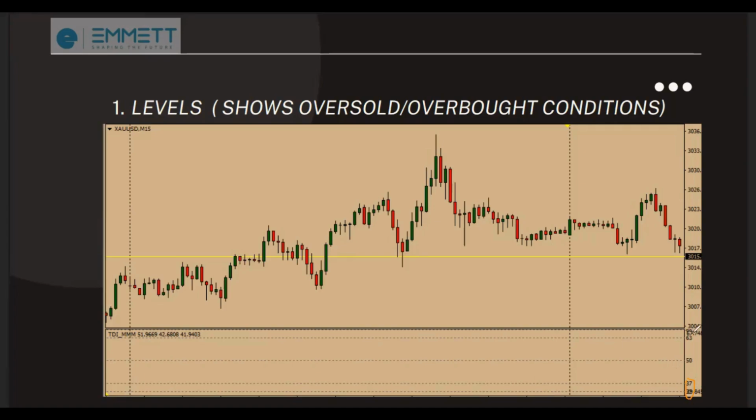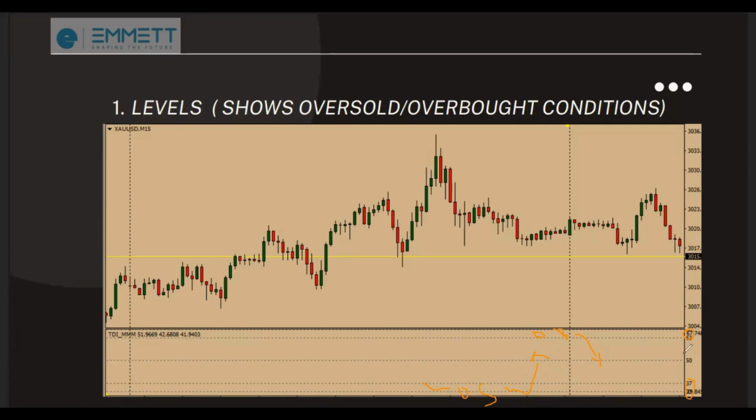Level 63 and 67 is our overbought area, and when the market is trading in the overbought area, we are looking for a bearish reversal. We are looking for the market to go short. Then we have level 37 and 32, and this is what we call the oversold condition. So when the market is trading here, we are anticipating a bullish reversal.